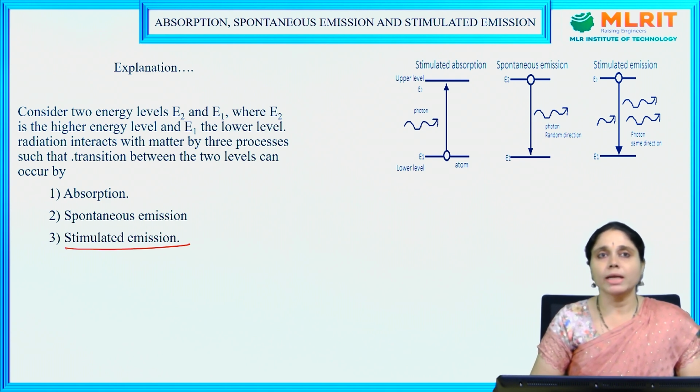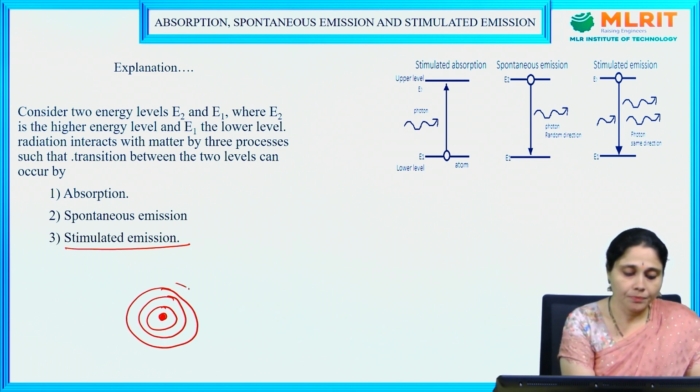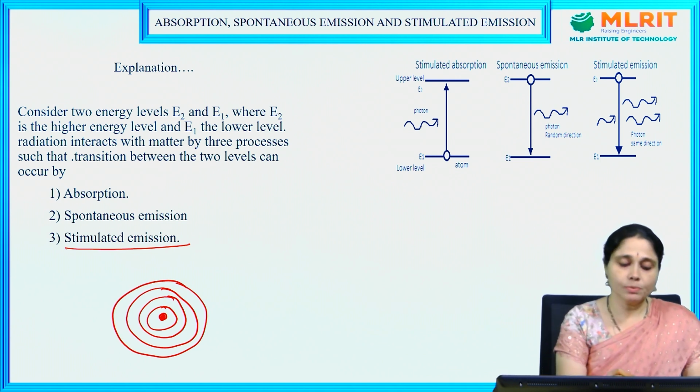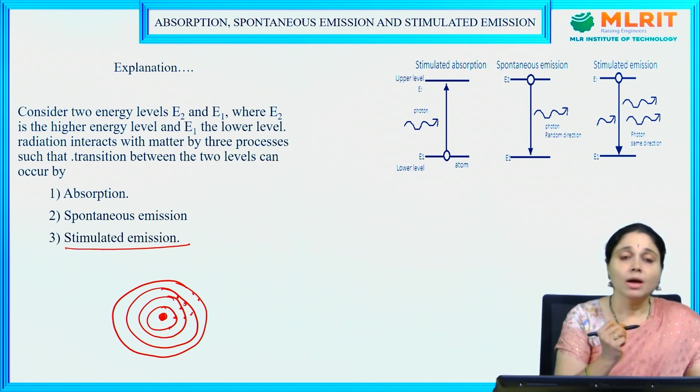In order to get the stimulated emission of radiation, let us first consider what energy levels are. Let us consider an atom. An atom consists of a nucleus surrounded by different orbitals, and the electrons sit in these orbitals according to the Aufbau principle.